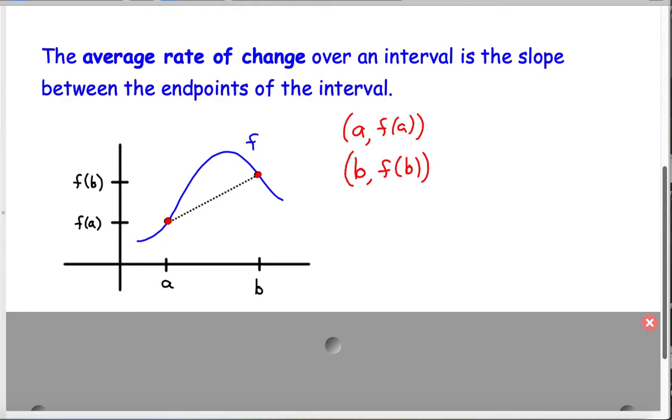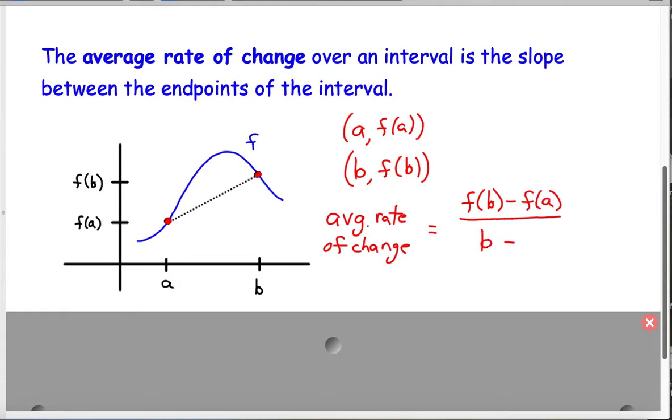And so if I want to calculate the average rate of change, I want to calculate the slope between those 2 points. So that's going to be the difference of the y values, f of b minus f of a, over the difference of the x's, which would be b minus a.